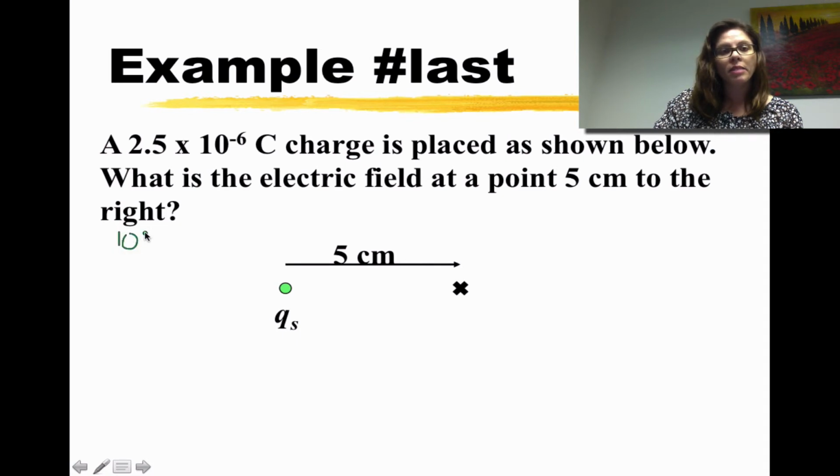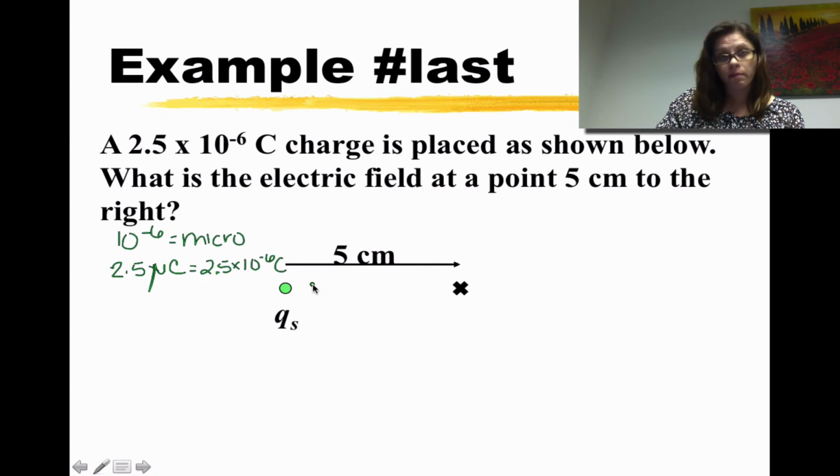Anything that is times 10 to the negative 6 is micro. So you could write it as 2.5 microcoulombs, which is equal to 2.5 times 10 to the negative 6 coulombs. It's the same thing.